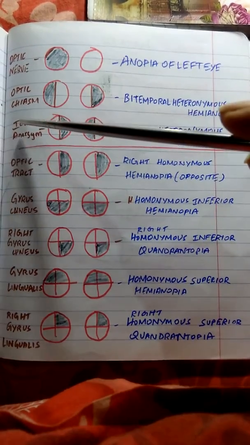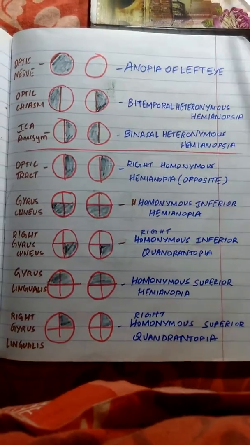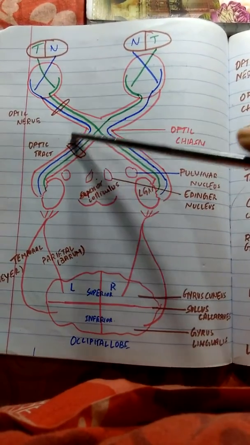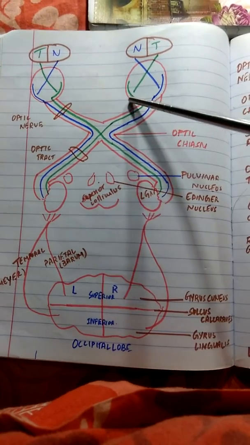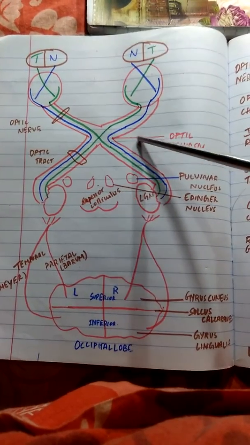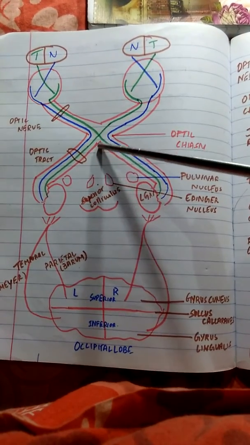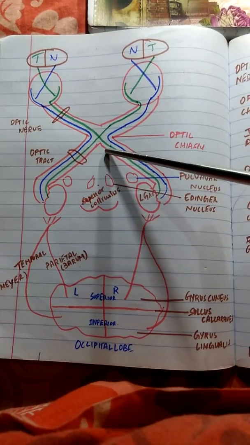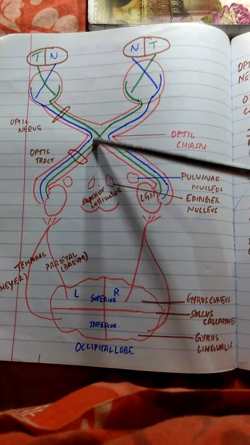So next is damage to the optic chiasm. So here is the optic chiasm. The nasal fibers cross here, whereas the temporal fibers don't cross here. So when there is a tumor or something that compresses the optic chiasm, only the nasal fibers are affected.